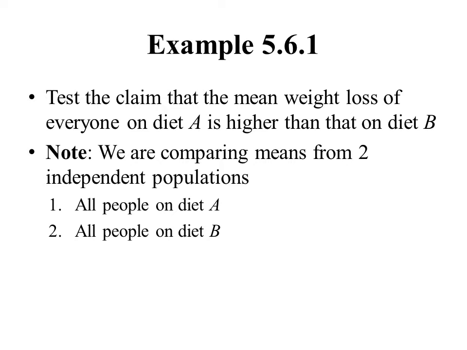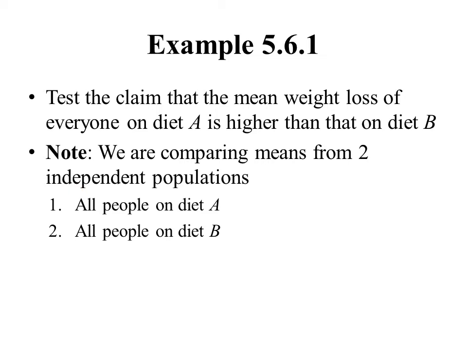Our first population is all people on diet A, not just these 10 people. We're interested in all people on diet A. And then the second population is all people on diet B. We want to compare the mean weight loss from this first population to the mean weight loss from this second population. Our data indicates that maybe this first mean is bigger than the second mean, and so that's what we're going to test. So again, we have two populations, and notice this word independent comes up again.